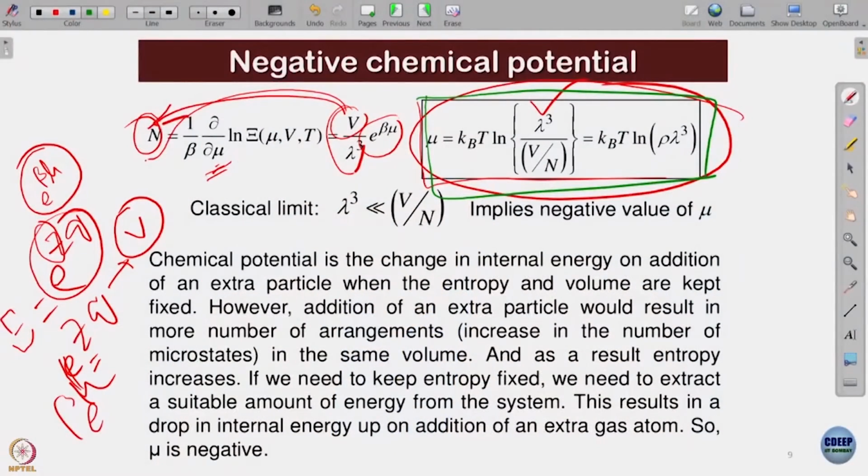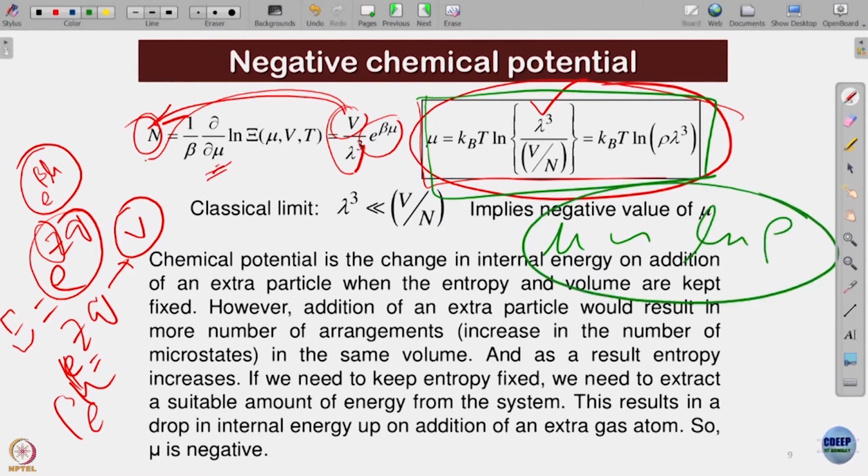Many times we consider chemical potential with respect to another species or another state, then I have delta mu, ln minus ln. ln A minus ln B is ln A by B, and then lambda cubed cancels out, and you get ln rho 1 by rho 2. So lambda cubed is always kind of a silent player in all these things, but I really want to impress upon you this beautiful relation that mu goes as ln rho.